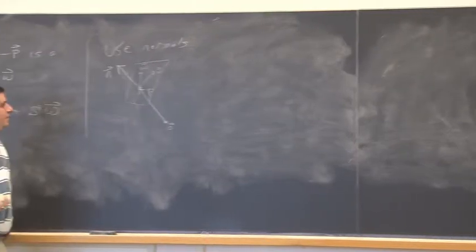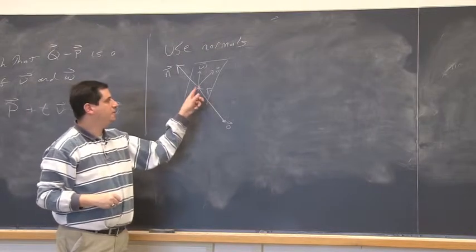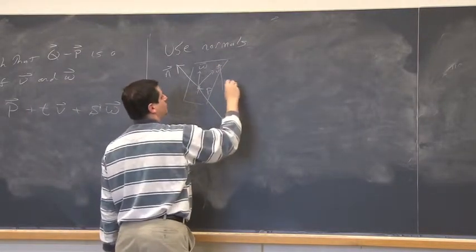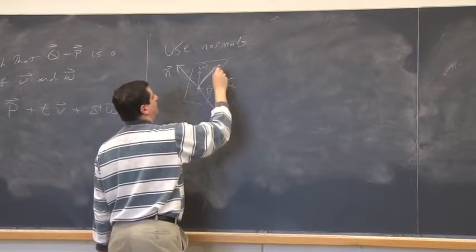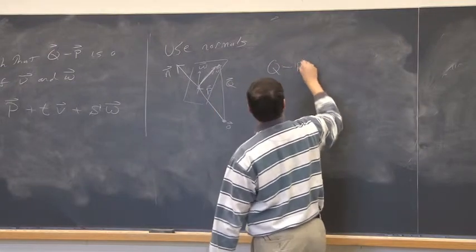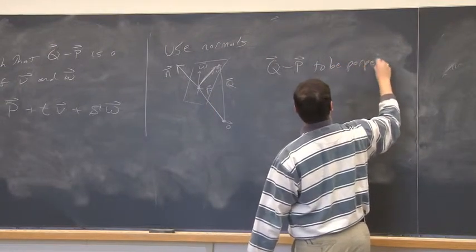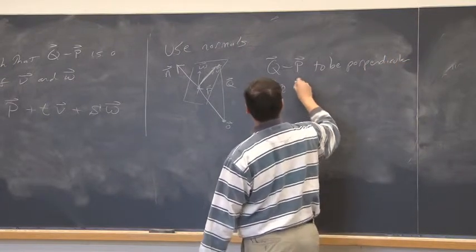And I want all things that are perpendicular to the normal vector anchored at P. So what this means is, here's some other point Q, and then I need Q minus P to be perpendicular to n.